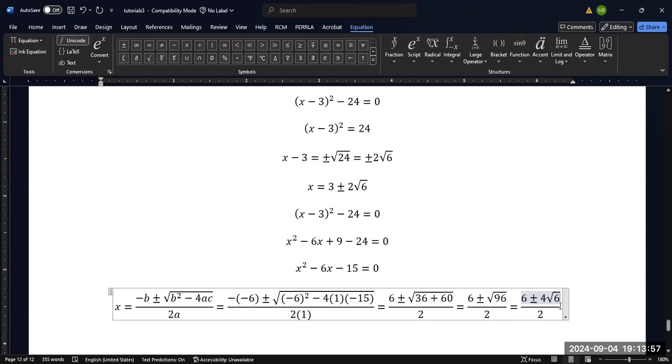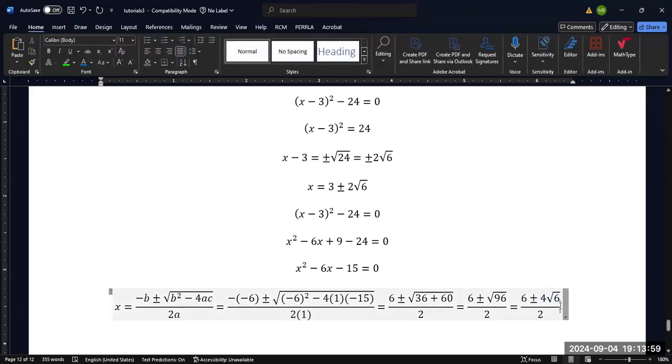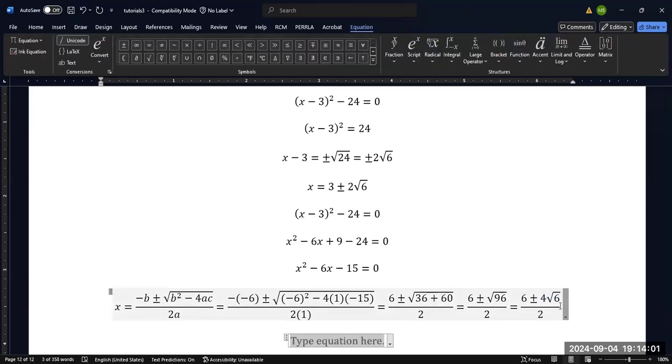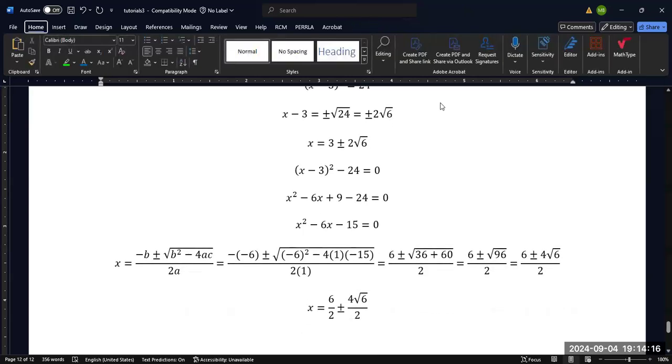So this is going to give me x is equal to 6 divided by 2 plus and minus 4 square root of 6 divided by 2, which 6 divided by 2 is 3, and 4 divided by 2 is 2.